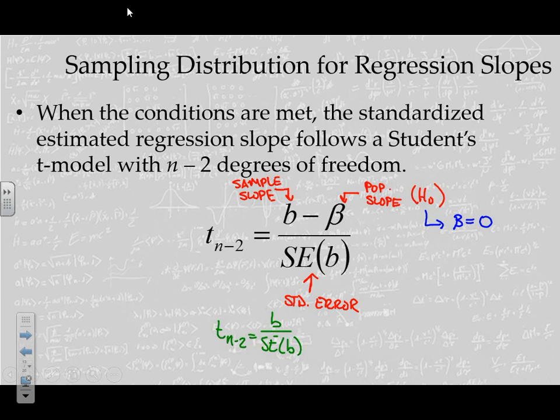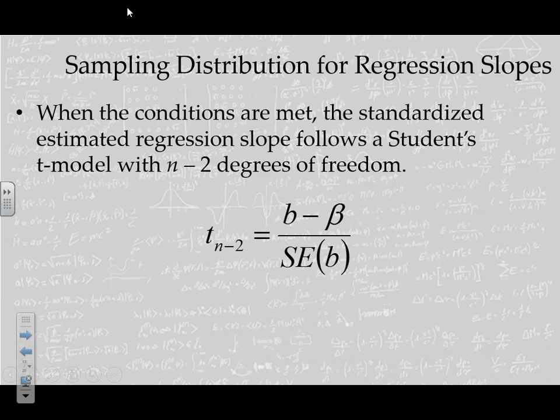So you'd use that t-CDF function where you have a lower bound, an upper bound, degrees of freedom, and then you get your p-value from that. Okay? So that would be the process. So if you're running a test, once you checked your conditions, you would calculate t, plug t into your t-CDF function, find your p-value, and use your p-value to determine if you reject or fail to reject.